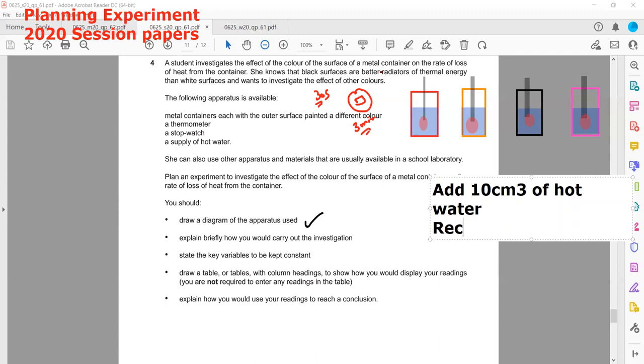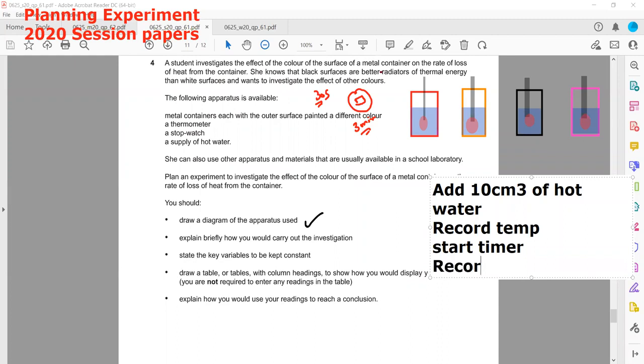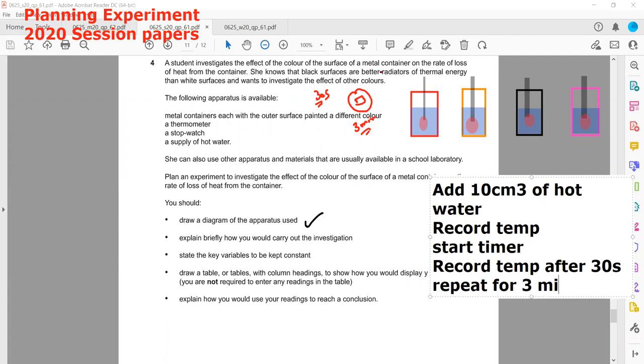Then record the initial temperature by thermometer. Then we'll start the timer, the stopwatch. Then record temperature after 30 seconds. Then we'll repeat for 3 minutes.